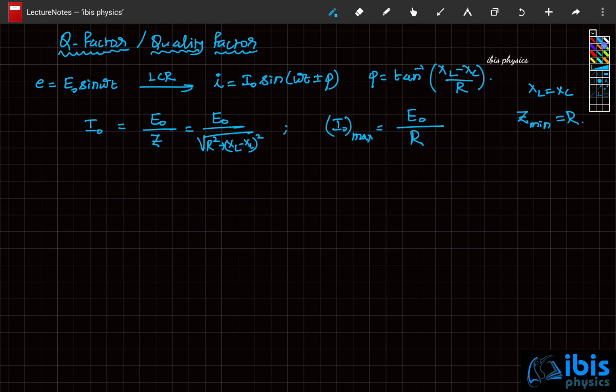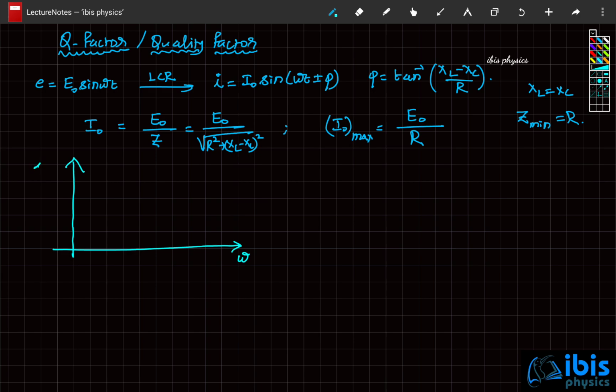Suppose you draw this curve, just take current on the y-axis and angular frequency, omega, on the x-axis.